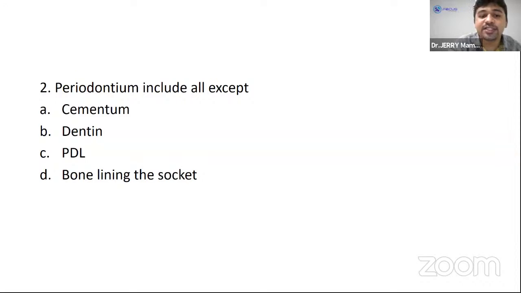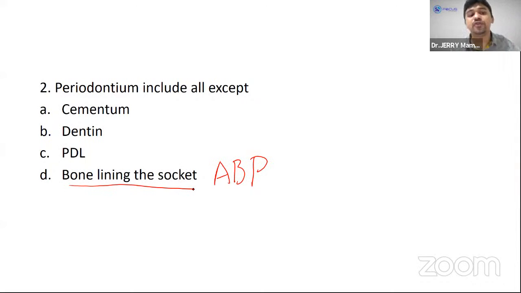Instead of writing alveolar bone proper, they wrote bone lining the socket, just to confuse you. But dentin is not part of the periodontium. That is what you should look for first. So like I said, knowing the theory and understanding the concept is very good. But when you answer a question, never ever jump and answer.